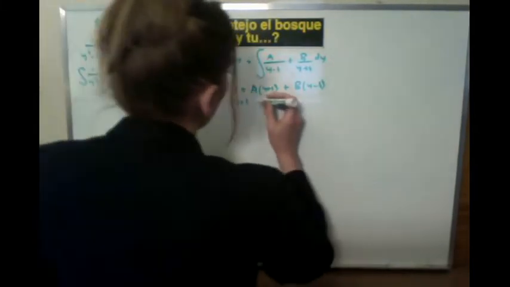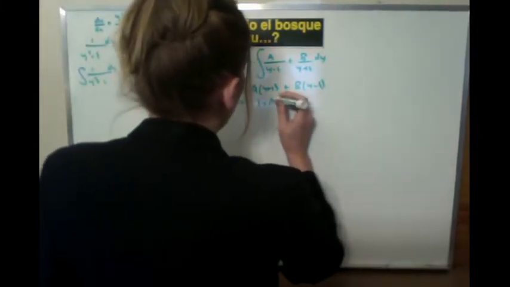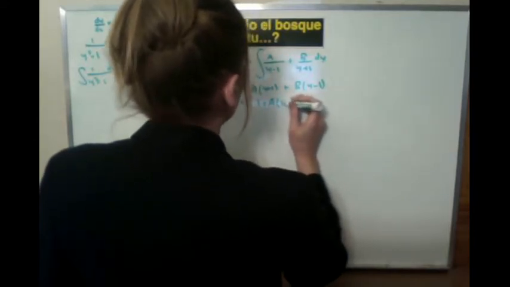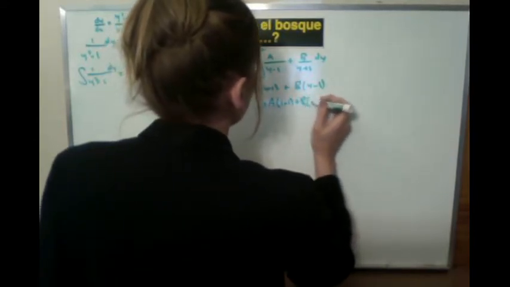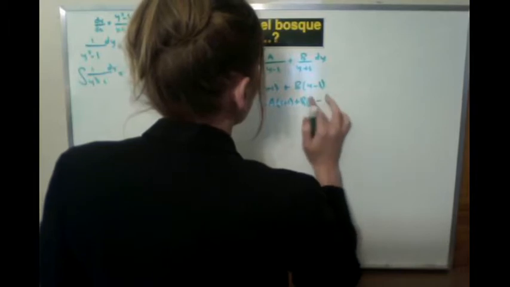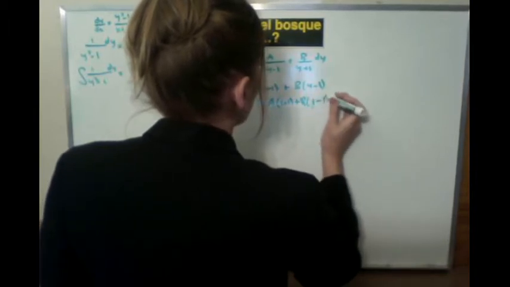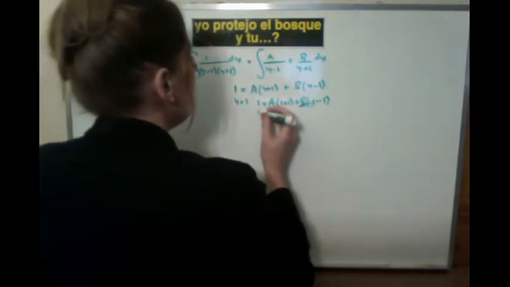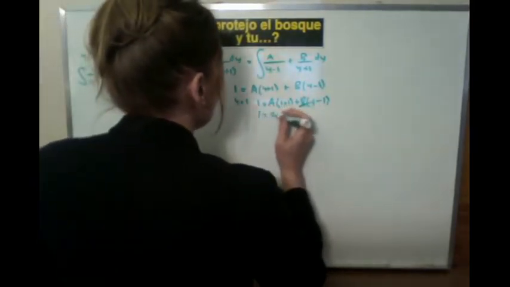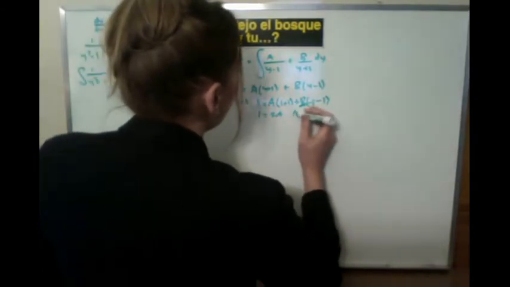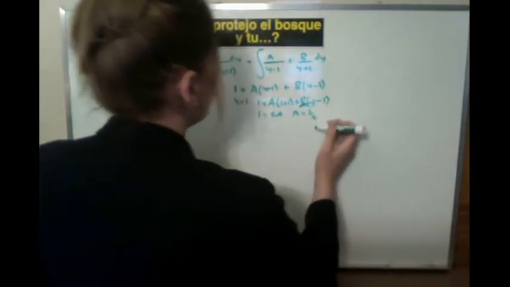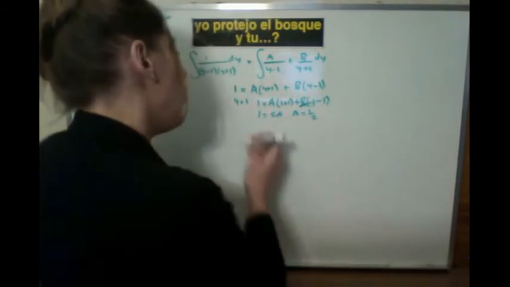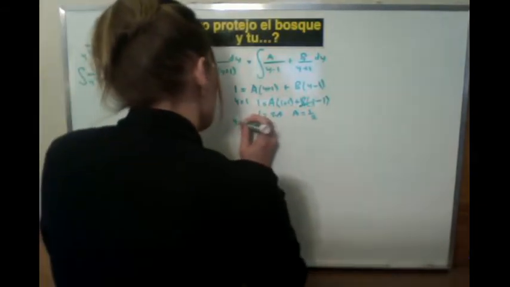This gives us 1 equals a times 1 plus 1 plus b times 1 minus 1. Now our b equals 0, and we have 1 equals 2a. Therefore, a equals 1/2. Next, we plug in y equals minus 1.